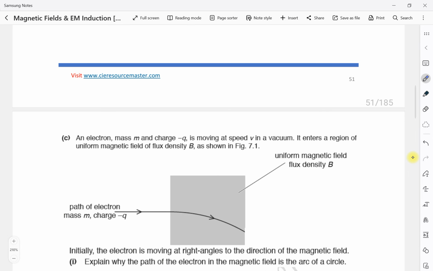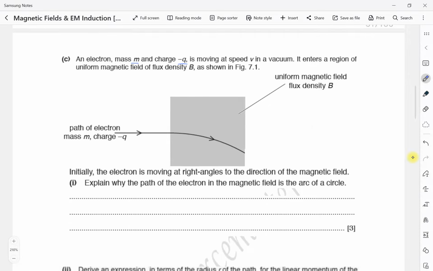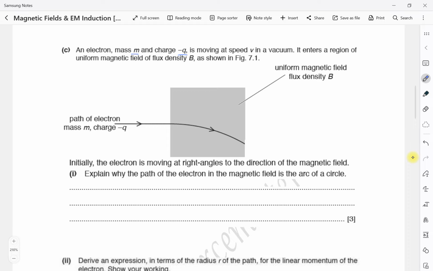An electron, mass m, charge minus q, is moving at a speed v in a vacuum. It enters a region of uniform magnetic field of flux density B as shown here. Initially, the electron is moving at right angles to the direction of the field.